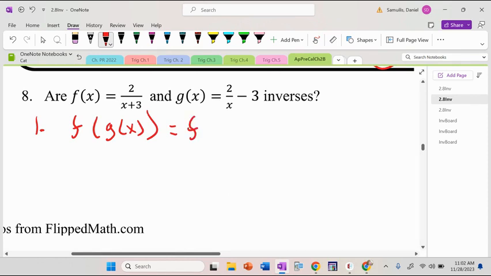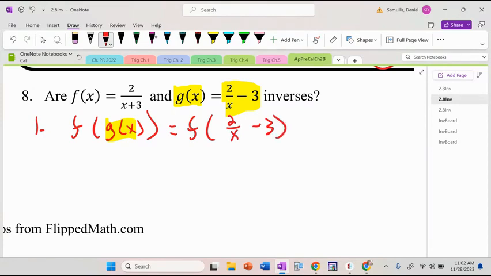So I'm going to grab my highlighter and remind you what this means. Remember, this is just substitution. That's really all f of g of x is. The function g of x is equal to 2 over x minus 3. Then I substitute wherever there's an x in this.